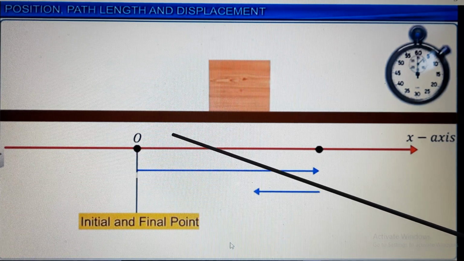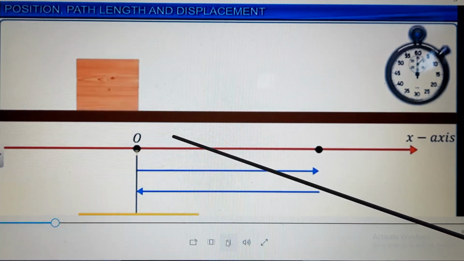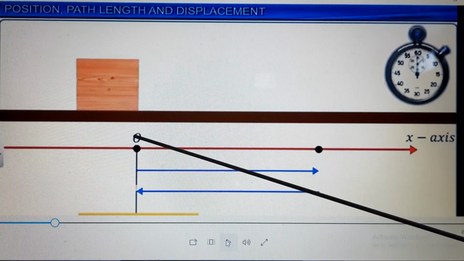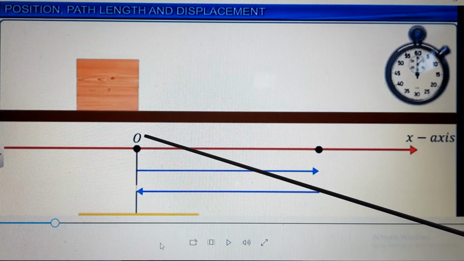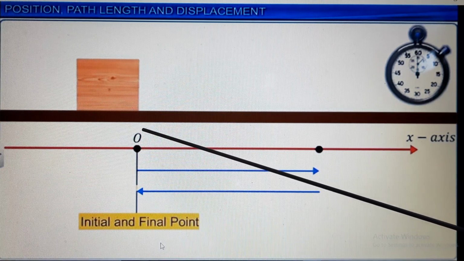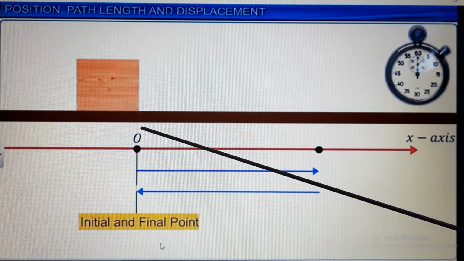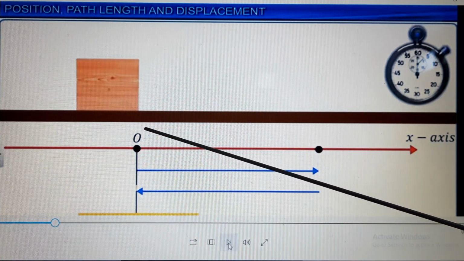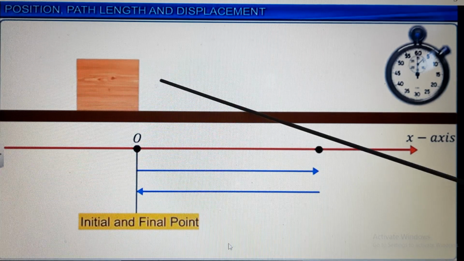Look here. This object is moved from O to here and again it is moved back to its original position. So its displacement is 0 because the initial and final positions are the same.